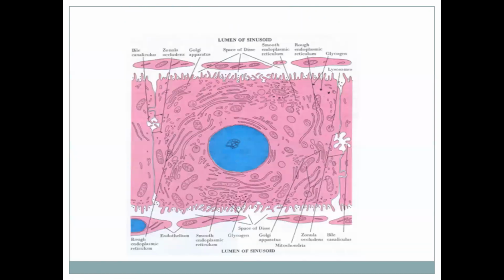Here's another picture of a normal hepatocyte. Cuboidal cells with a large number of microvilli on the surface to increase the surface area. In addition to this, you see here the smallest functional unit that is working in the propulsion of the bile, also known as the bile canaliculus.